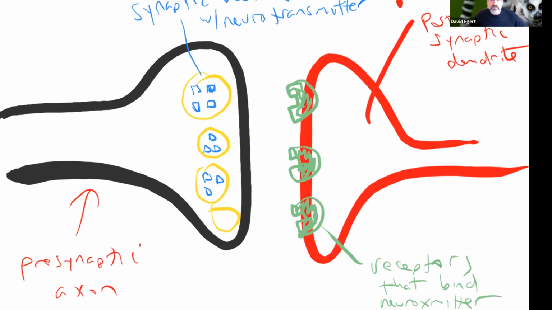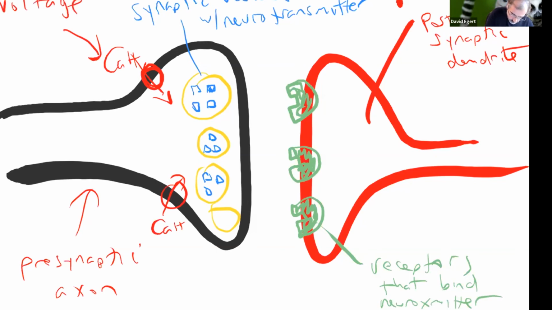And the one other piece I'll add in here is voltage-gated calcium channels. All right, so now we're set.